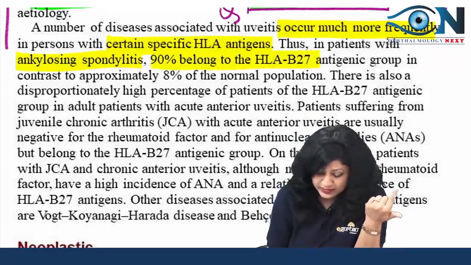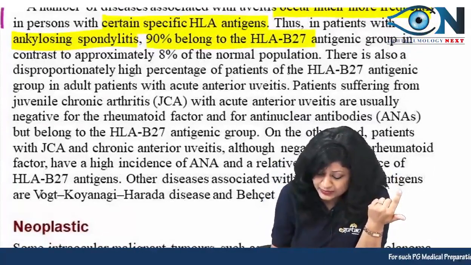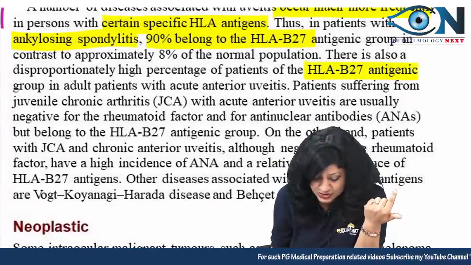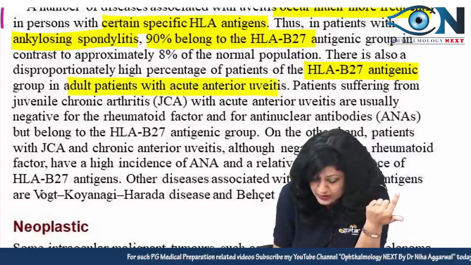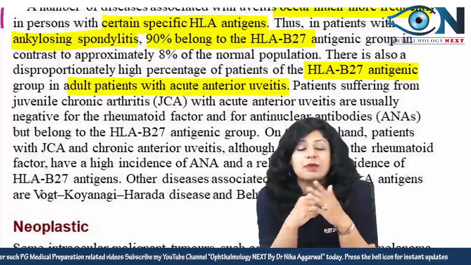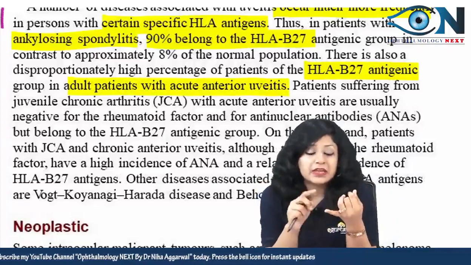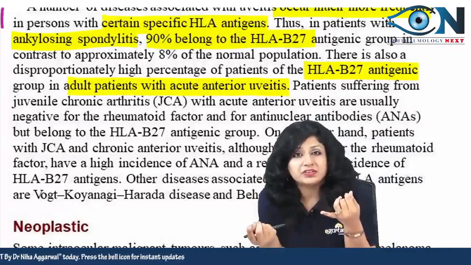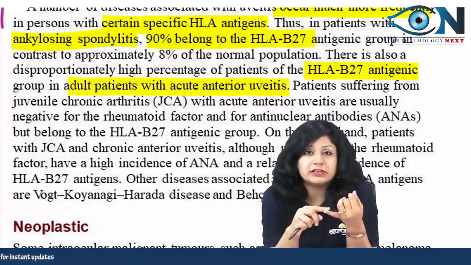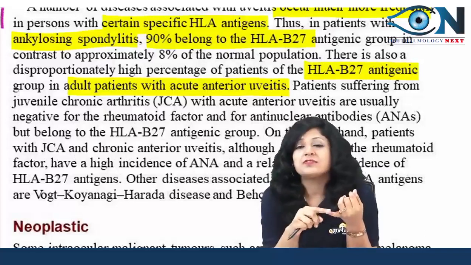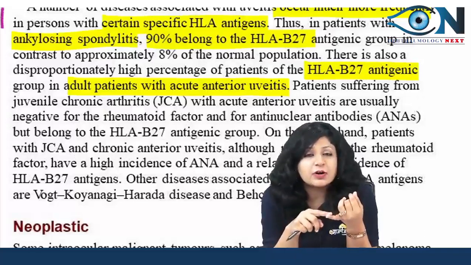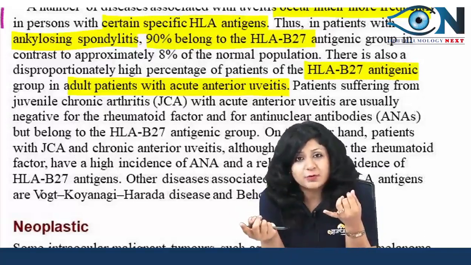Then there is also a disproportionately high percentage of the HLA-B27 antigenic group in adult patients of acute anterior uveitis. If you remember when we discussed iridocyclitis with arthritis, the first important thing that shows uveitis with arthritis is ankylosing spondylitis, which is HLA-B27 positive.